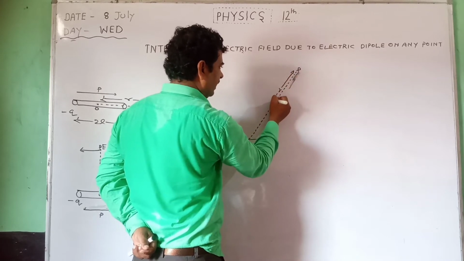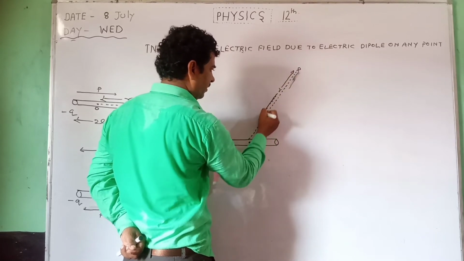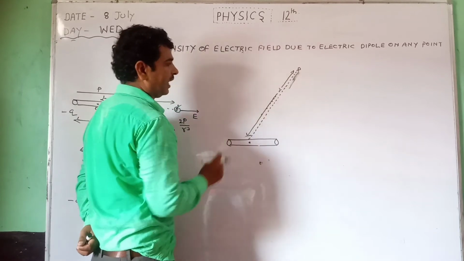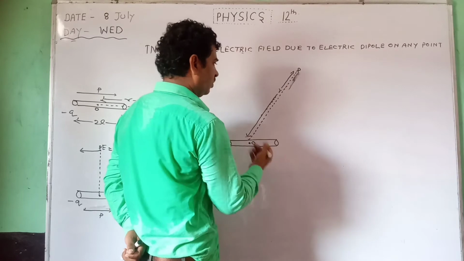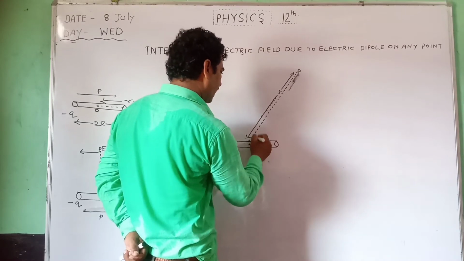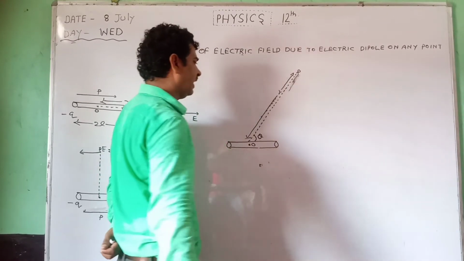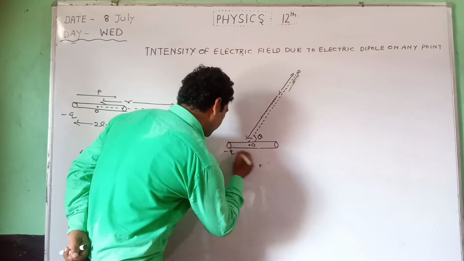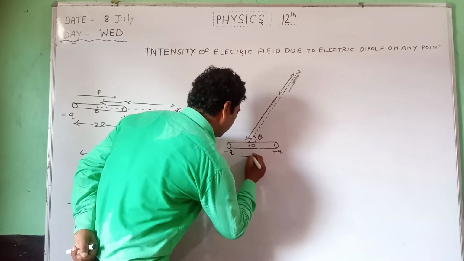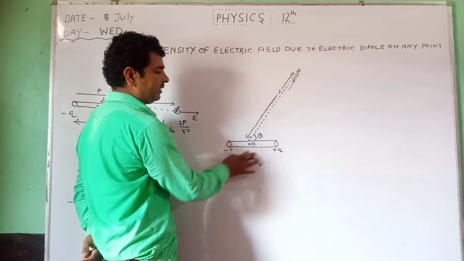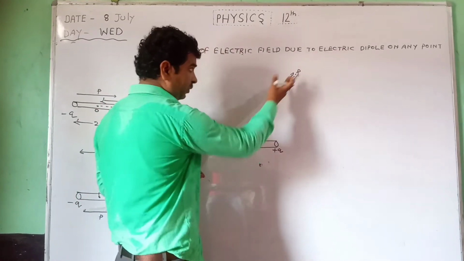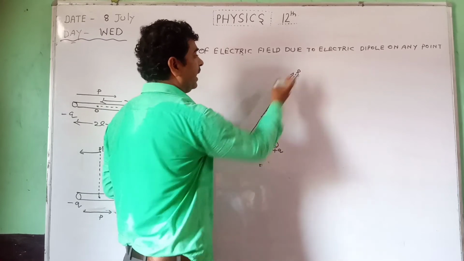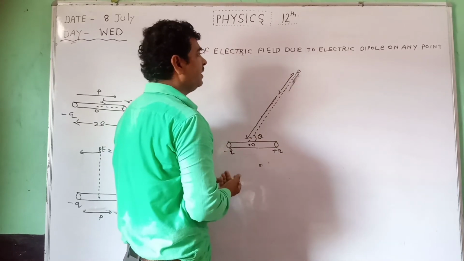Look here, my dear students, the line joining the midpoint of the electric dipole to the point P is OP, and this line makes an angle theta with the direction of dipole moment of the original dipole. How are we able to find the intensity of electric field at this point P?